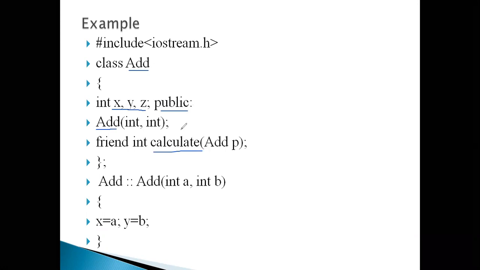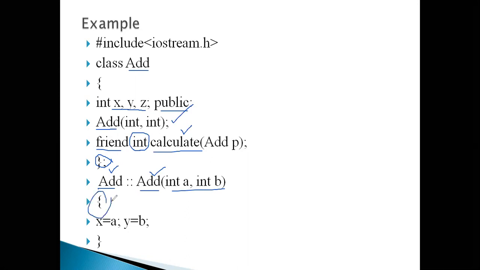Here I am making calculate a friend function by using the keyword friend, and that calculate function returns an integer value. Add is a normal member function. Here I am closing the class. Outside of the class, I am defining the add function by means of the class name, then the member function name, and the parameters.